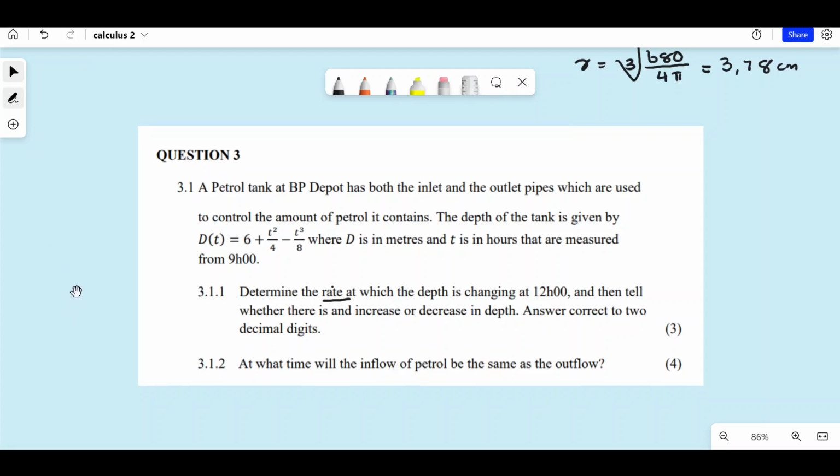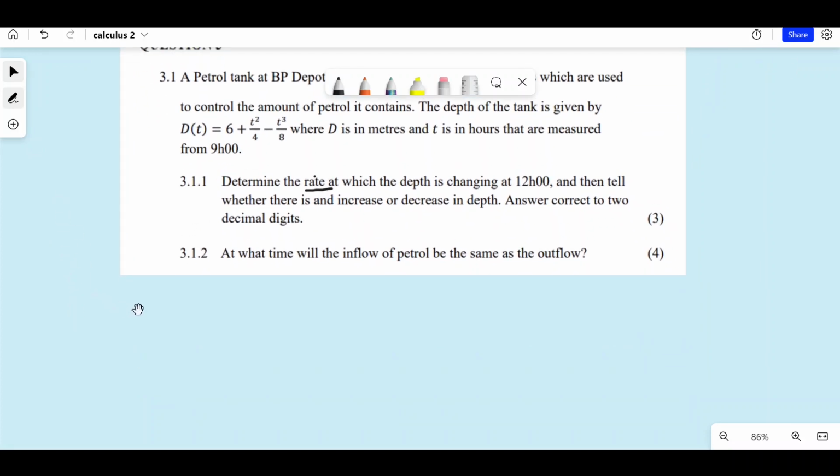3.1.1. d prime t equal to derivative of 6 is 0. For t square it's 2t over 4 minus 3t square over 8.